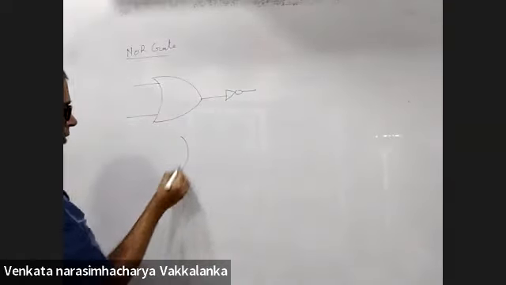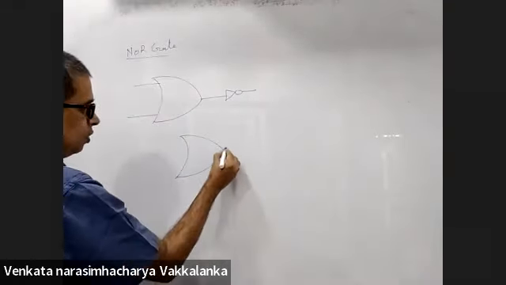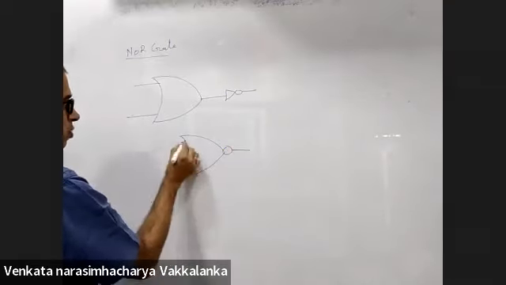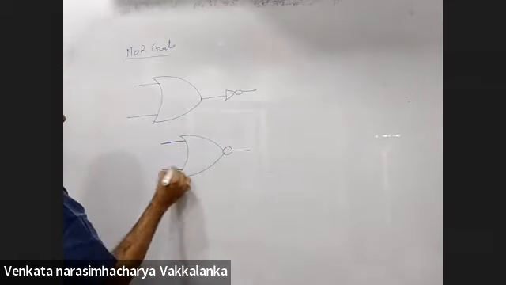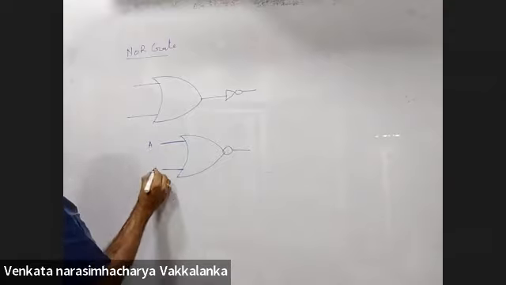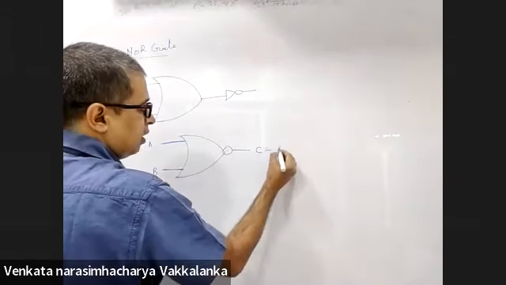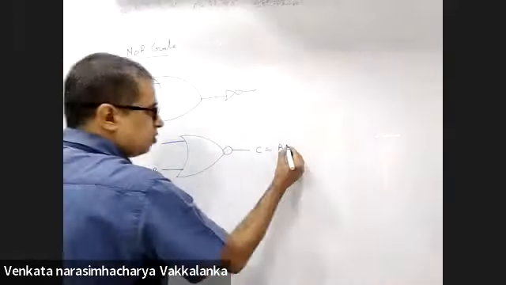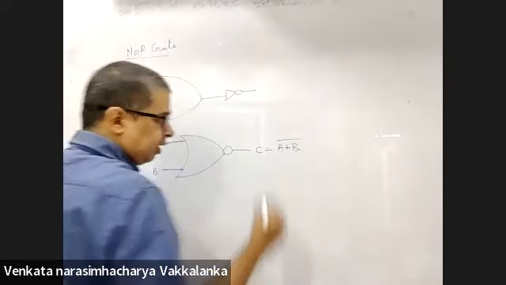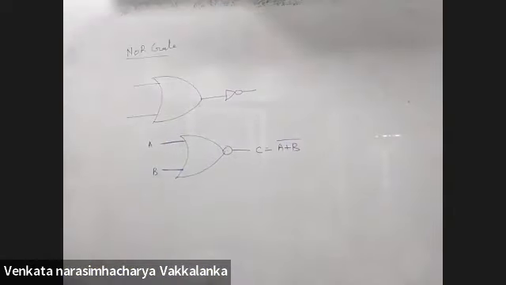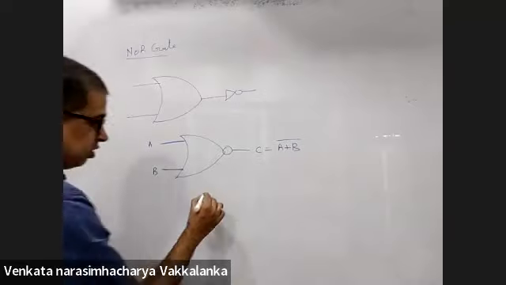When you combine both, the gate is shown this way, with this circle. This is NOT OR. This is A, this is B, C. Technically, OR gate was A plus B, NOT OR, so it will be the reverse this way.